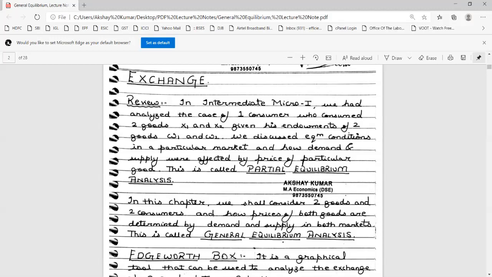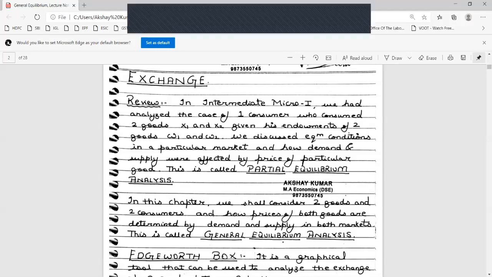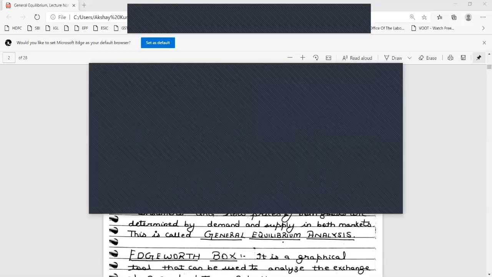Okay, so let me come to the whiteboard. Let us understand what is exactly meant by Edgeworth box and how we can use it as a tool to understand the concept of exchange. So what is Edgeworth box?